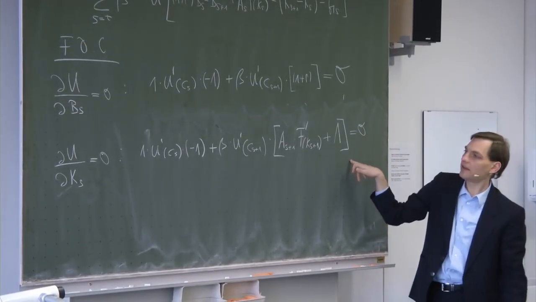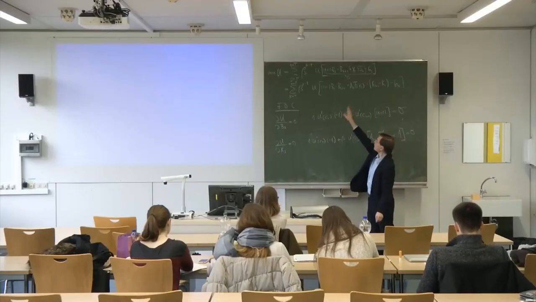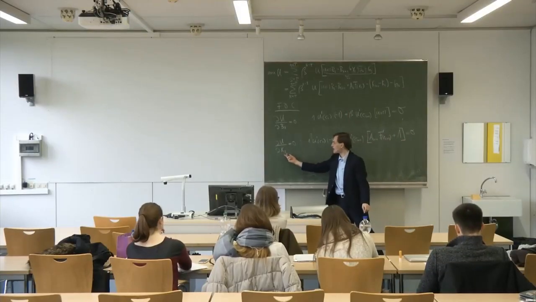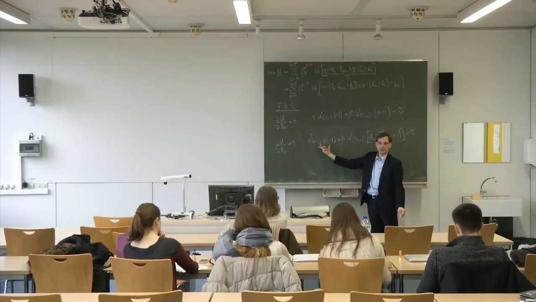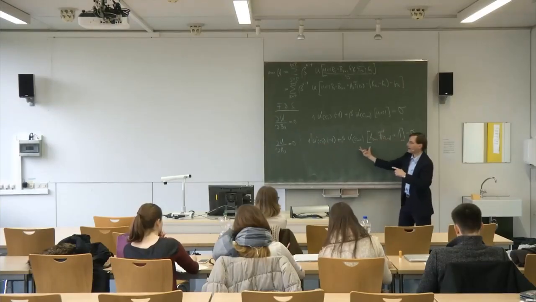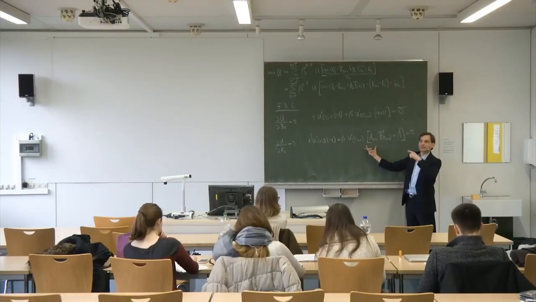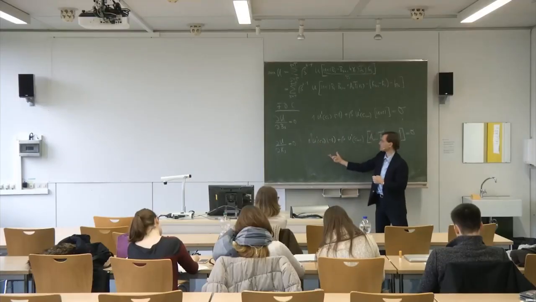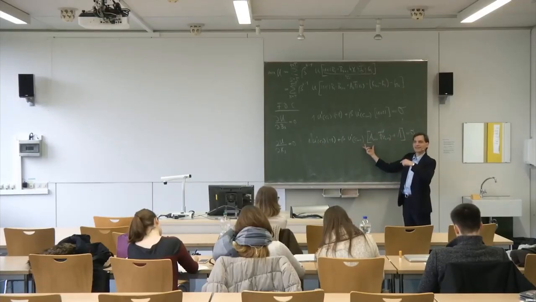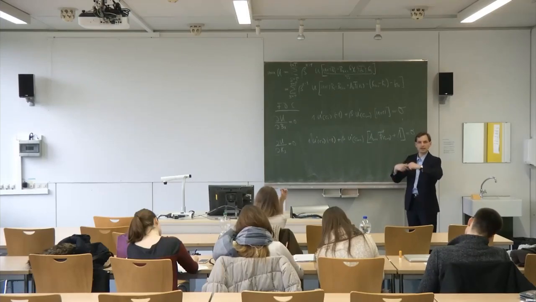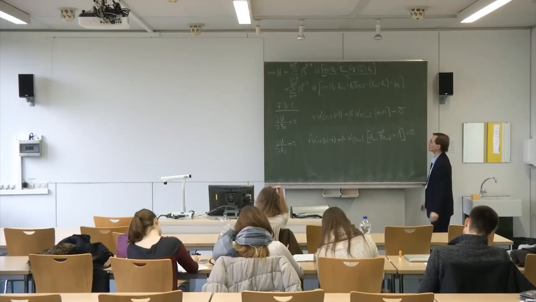So again, this is the first derivative of my utility function in respect of Ks. First is the first derivative at S0, and then in the next period at T0, and this is the derivative at T1. If we have two periods, then this is repeating, and therefore we can stop.